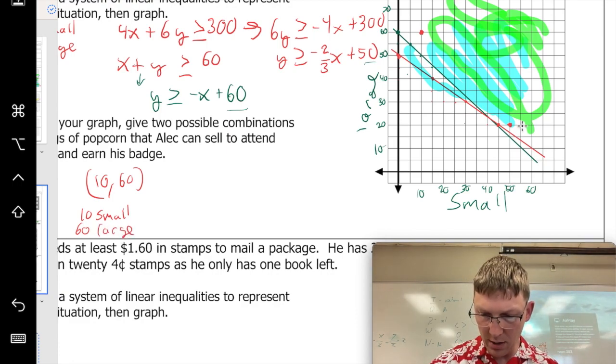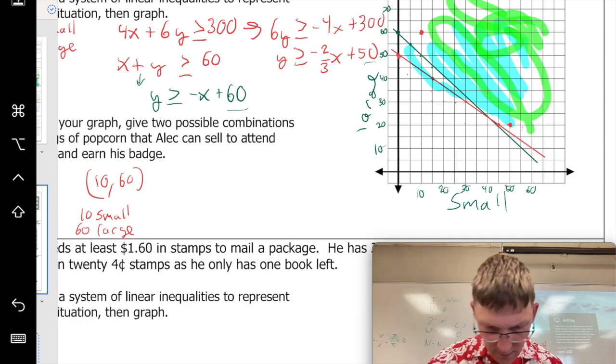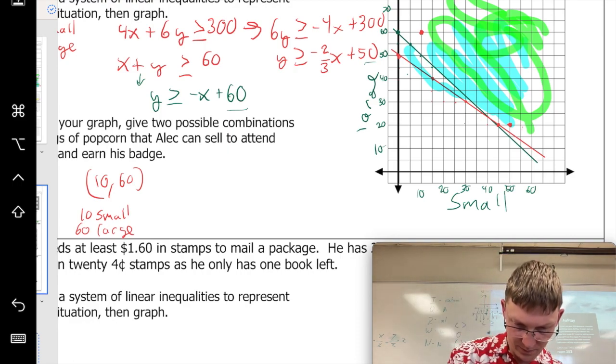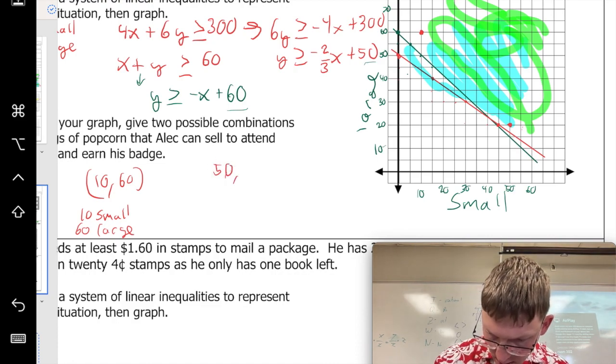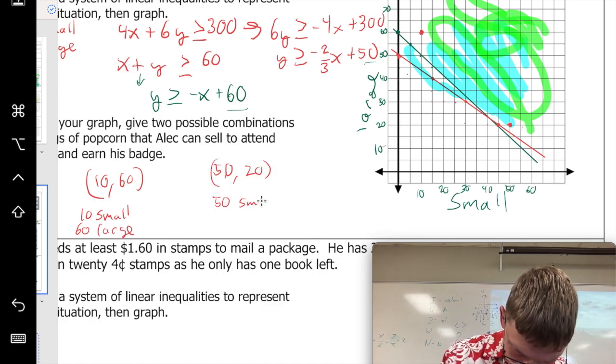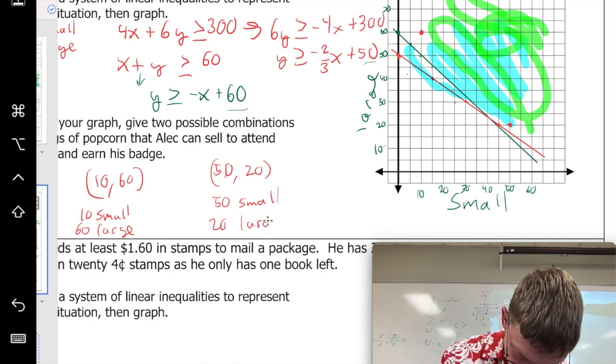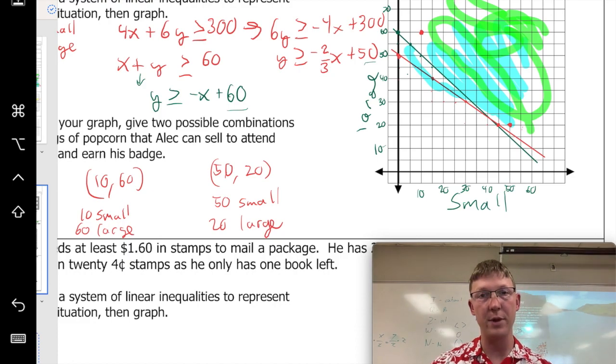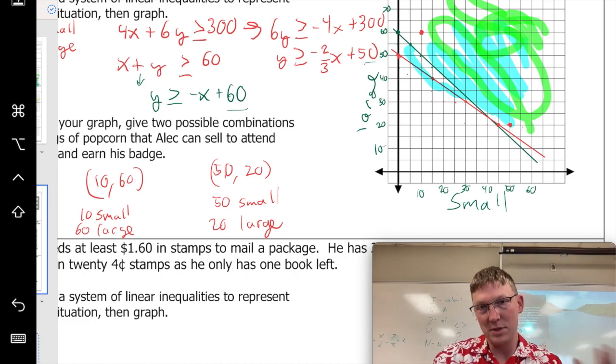Or you could come down here and say 50 small. So if I were to write the point, 50, 20, 50 small, 20 large. So there you go. Join Scouts, sell popcorn.